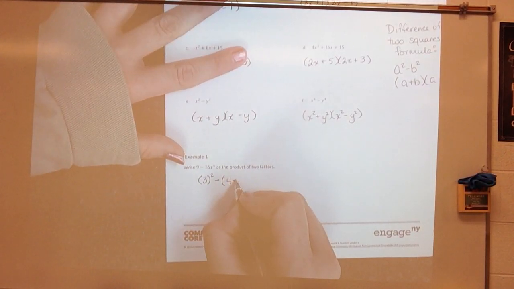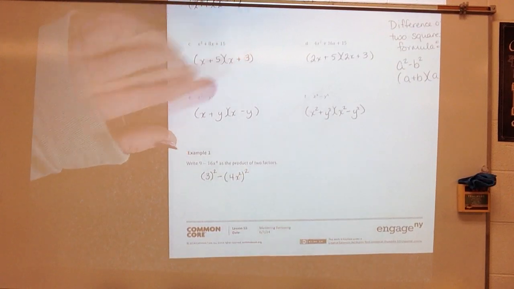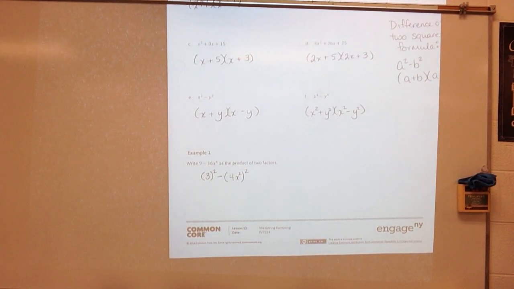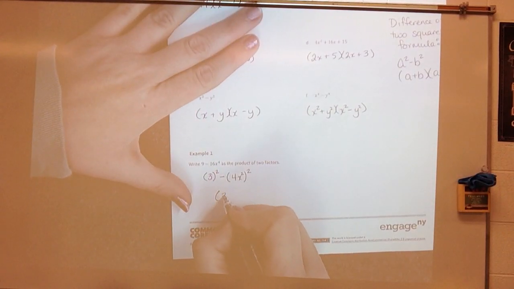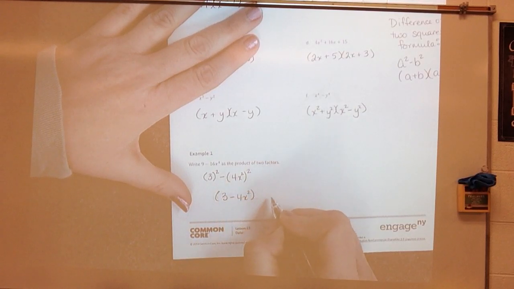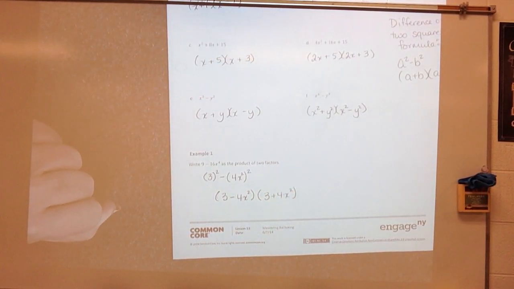X to the fourth is x squared, squared. So now I can write my factors. Alright? So it would be 3 minus 4x squared and 3 plus 4x squared. Okay? Notice one's plus, one's minus.